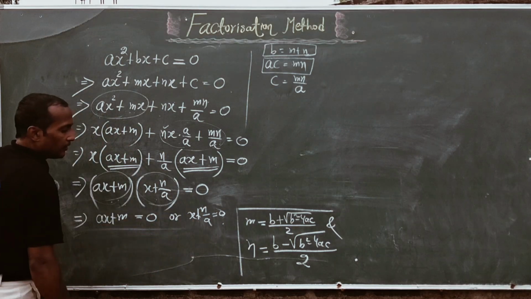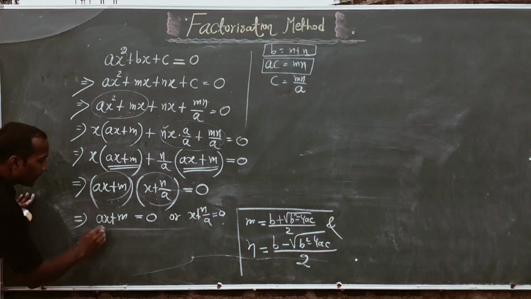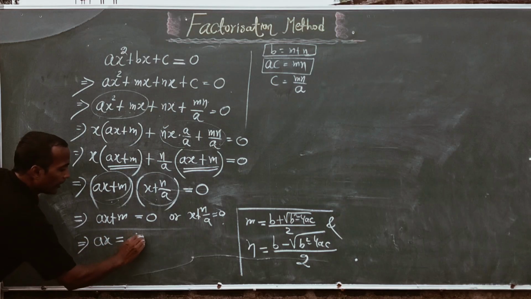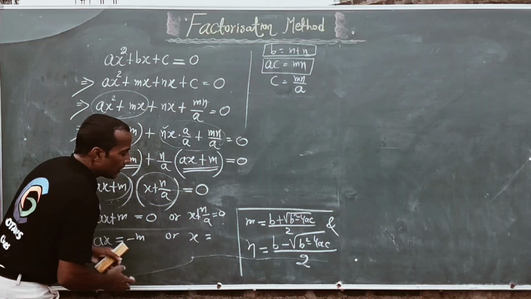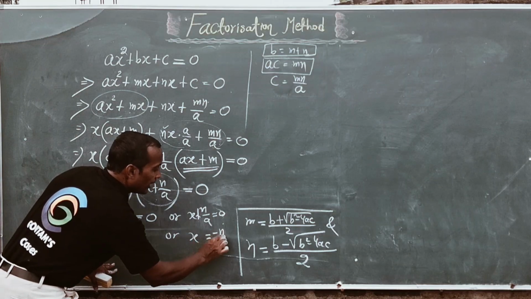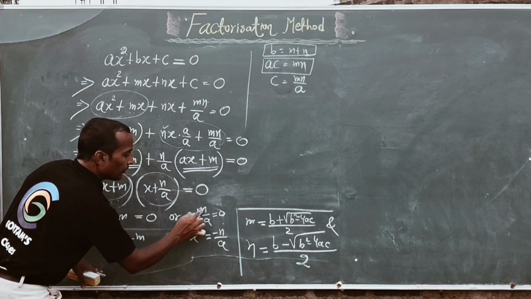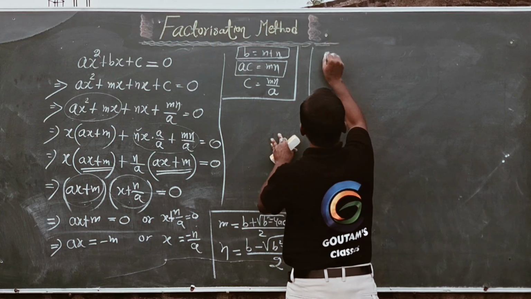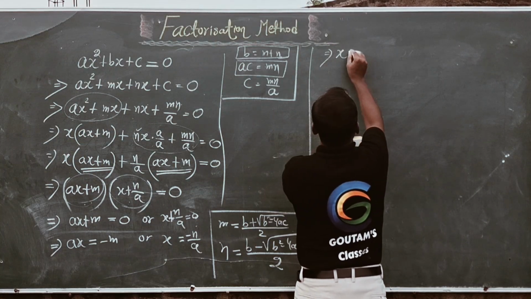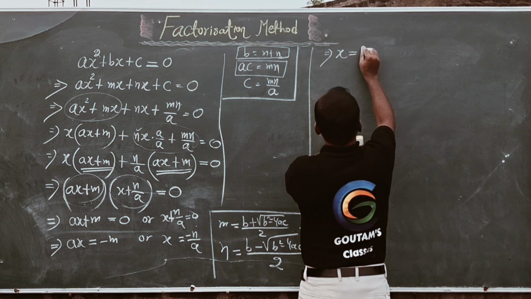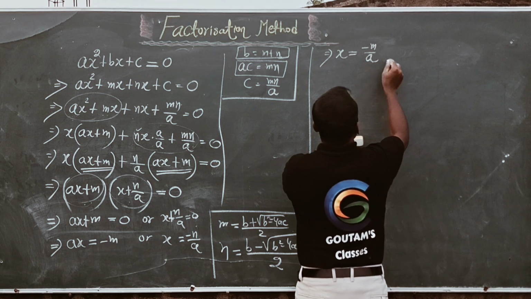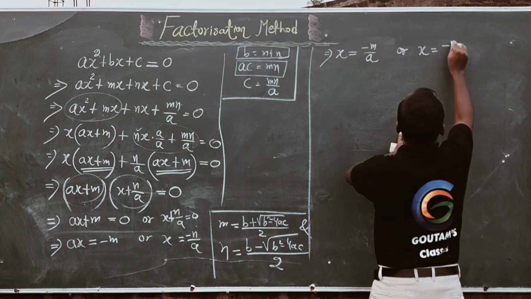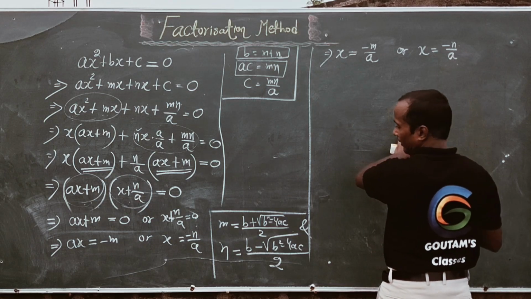Now ax is equal to minus m, and in this part x is equal to minus n by a, since plus n by a goes to the other side and becomes minus n by a. The next step is x is equal to minus m by a, and also x is equal to minus n by a. That's it.